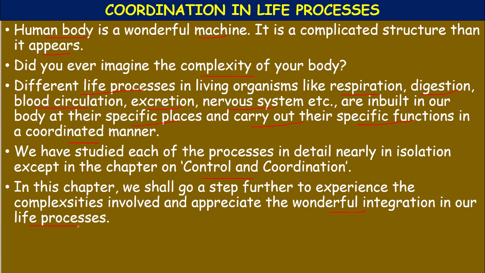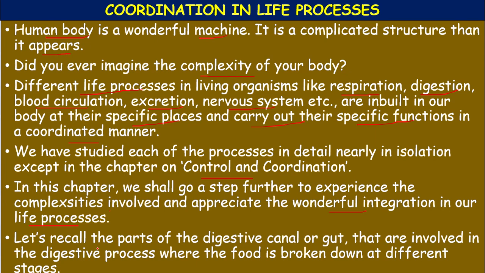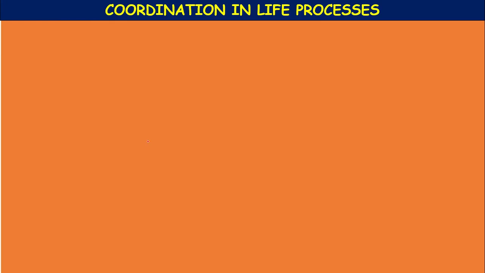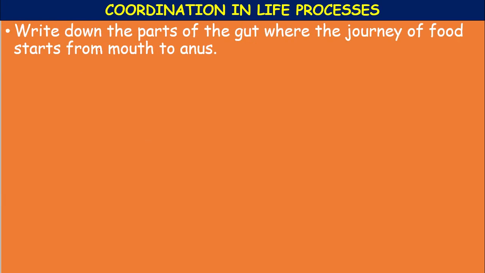Let us recall the parts of the digestive system, that is the digestive canal or gut, gut means intestine, that are involved in the digestive process where the food is broken down at different stages. So write down the parts of the gut where the journey of the food starts from mouth to anus. Okay, the mouth is the opening part, the first part. Next to the mouth is the oral cavity, which opens into the pharynx.